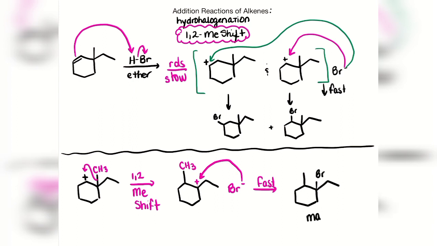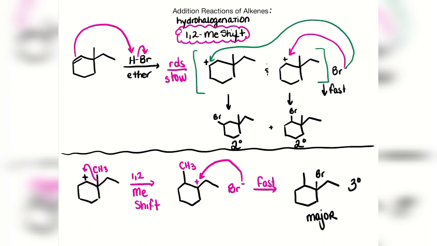as your major product. Why is that major again? Because here the halogen is tertiary compared to the answers above, which are secondary. Hopefully this makes sense.